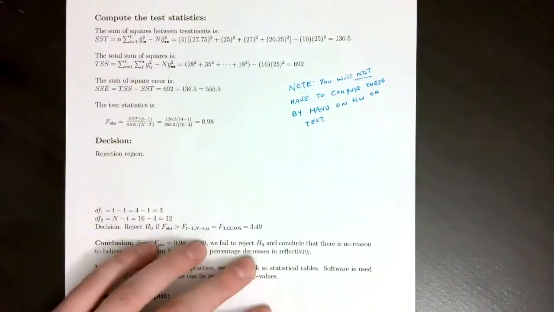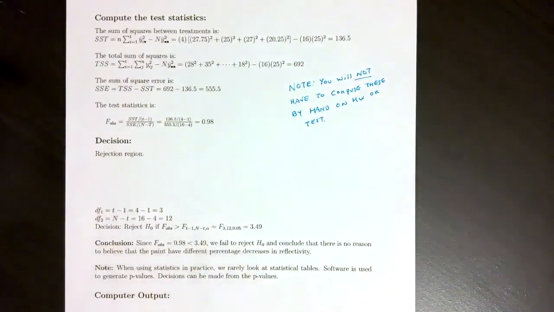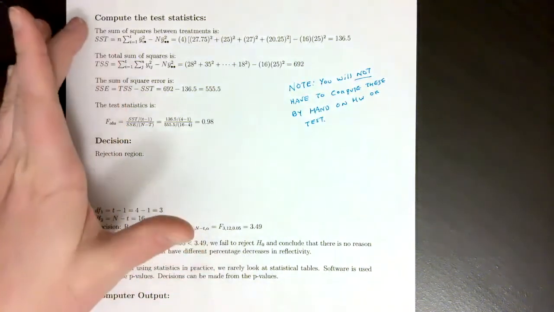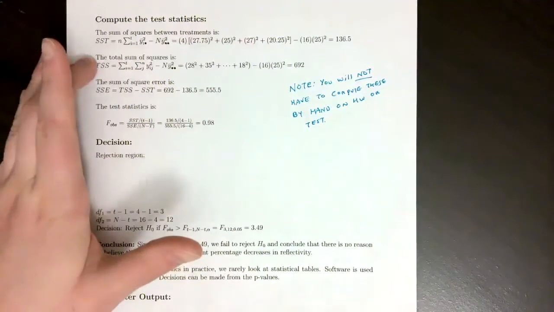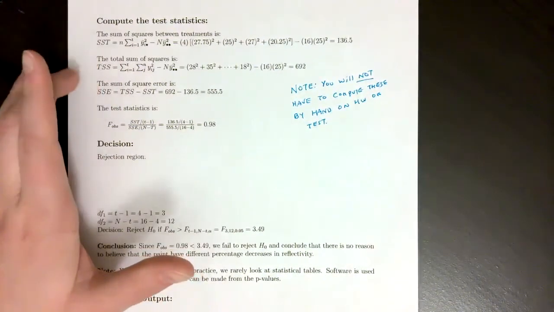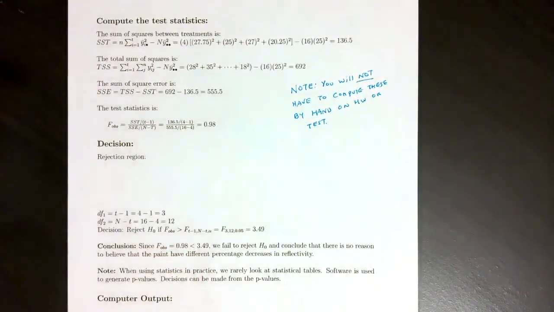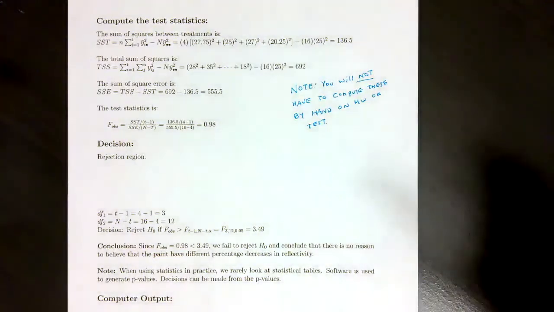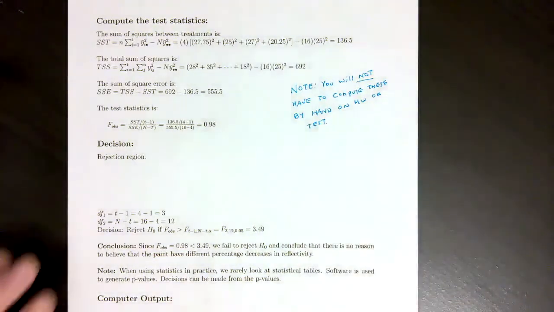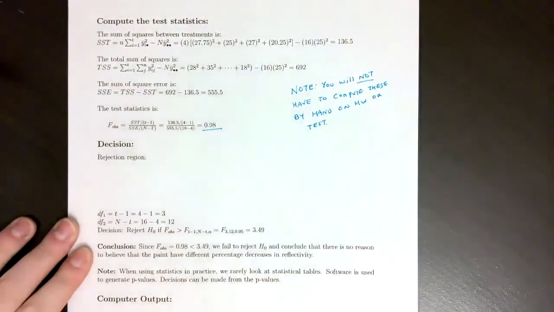In this class, it will be perfectly fine for you just to understand where SST is coming from, where TSS and SSE are coming from, i.e. those conceptual models, those estimated models we were talking about. I'm not going to have you write it by hand because we have computers, and let's use technology to our advantage in this case. So we have now our test statistic, in which we got 0.98.